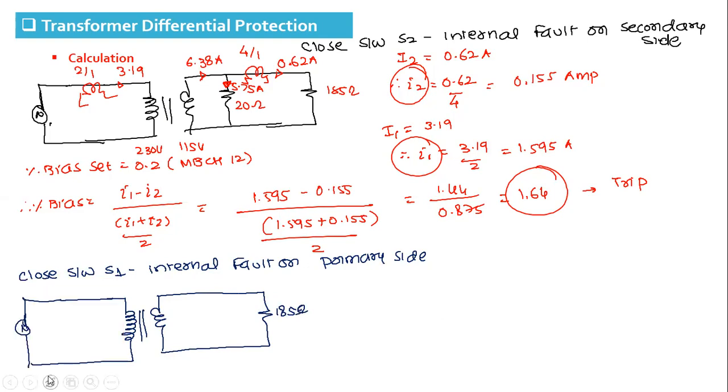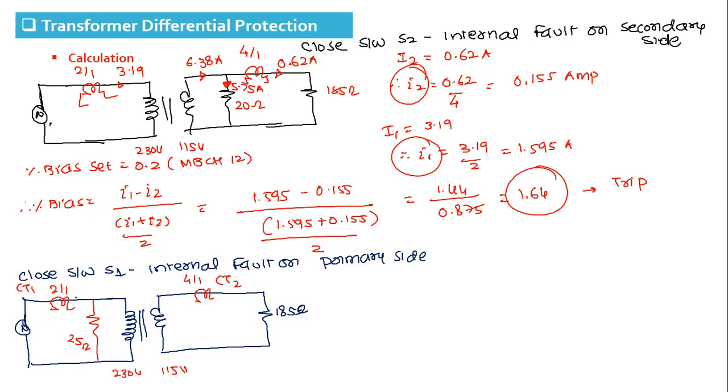If we close S1, you can see here, this is 25 ohm, CT1 2 by 1, CT2 4 by 1, 230 volt, 115 volt.